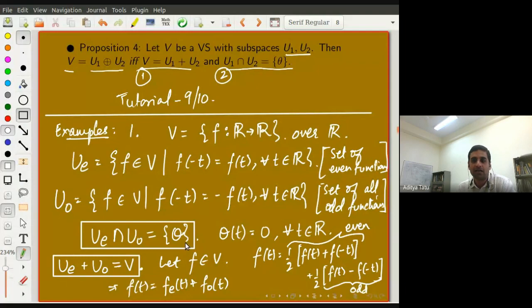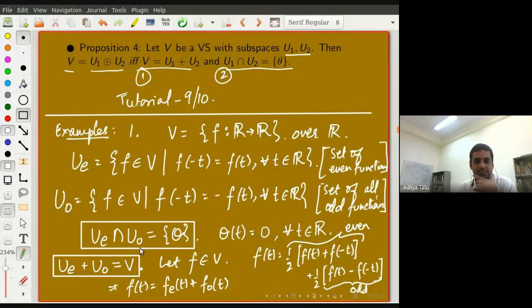Again, I just directly wrote this assuming you can prove this. But remember, you should prove that the only function which is both even and odd is the zero function. And I hope you don't find it very difficult to show that.